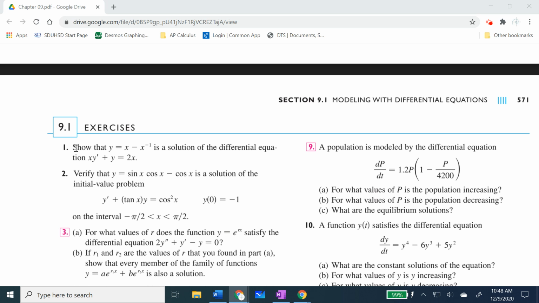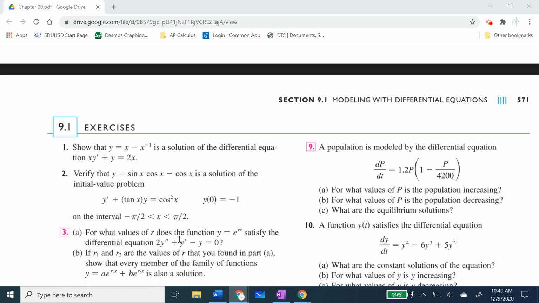Let me just emphasize that number 1 is you're trying to show this is a solution of this differential equation. So that's like that first example that I went over with you. You need to take what you are told is the solution, find its derivative, and then put both of them in the differential equation, the y and the y prime, and see if you come up with a true statement.